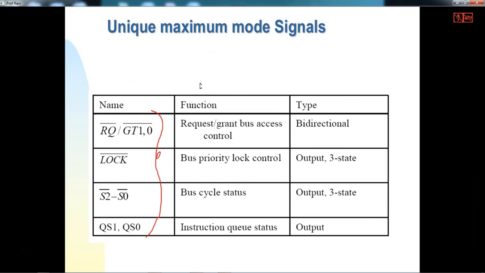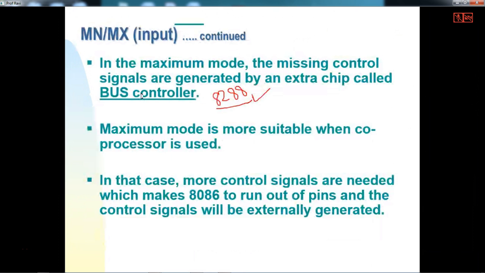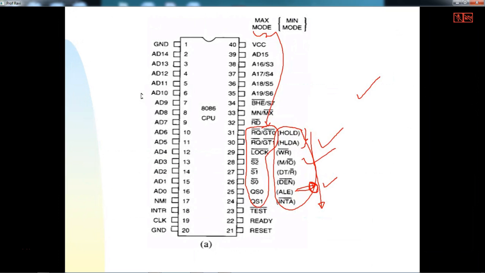When you are using a coprocessor, the coprocessor can use the system buses, address bus or data bus, and in that case it communicates with the processor using these lines, RQ bar GT0 and RQ bar GT1. Which pins are these? Pins 31 and 30, request and grant.